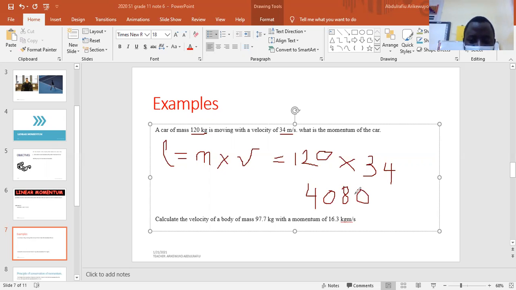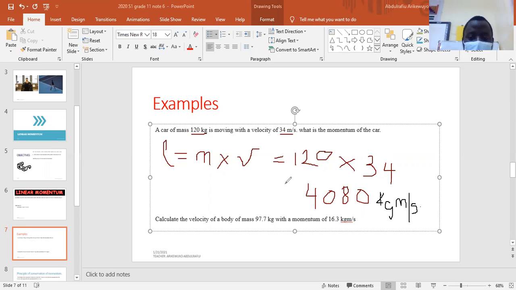4,080. And the unit of momentum is kilogram meter per second. You know the unit of mass is kilogram, and the unit of velocity is meter per second. So the unit of momentum is kilogram meter per second, kg m/s.